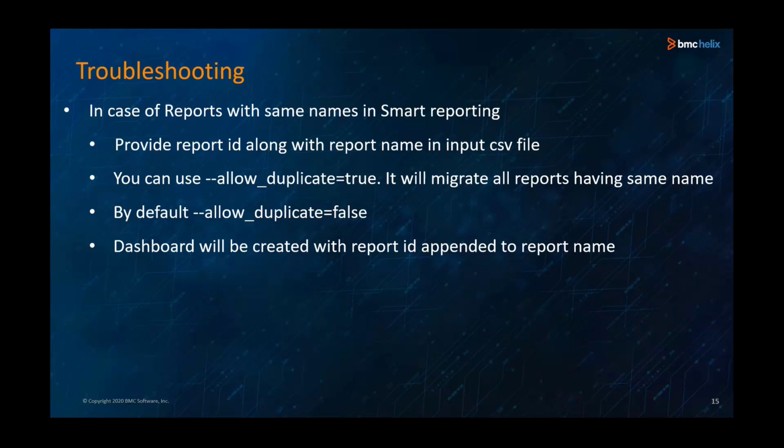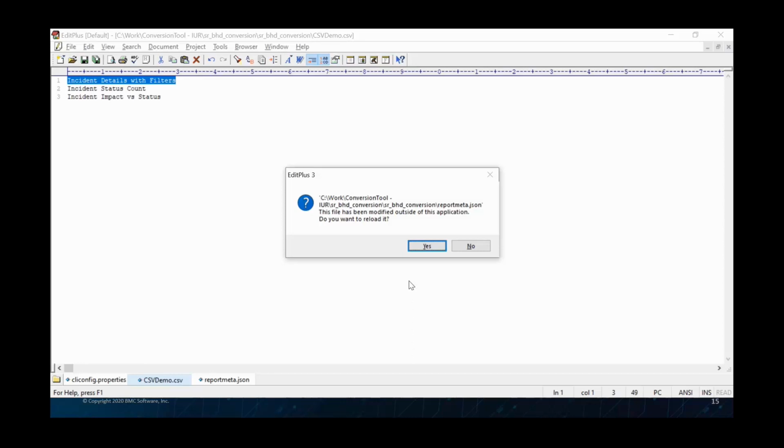The last one, and important: while creating a CSV file, if there are multiple reports on the smart reporting having the same name, they could be duplicate reports, or different reports using the same name, then you can provide the report ID in the CSV file.